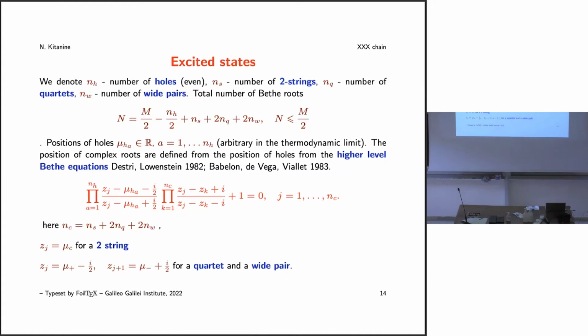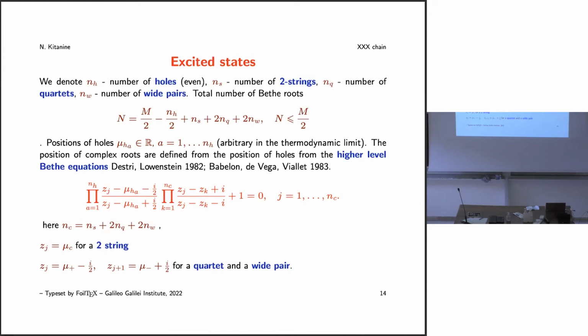This is really something like Bethe equations on a chain of length equal to the number of holes. By the way, the number of roots in a state with NH holes, NS 2-strings, NQ quartets, NW wide pairs can always be computed and is given by this formula. So everything is very much fixed. You can consider it as Bethe equations for a chain of length equal to the number of holes. More or less, it describes the holes states.